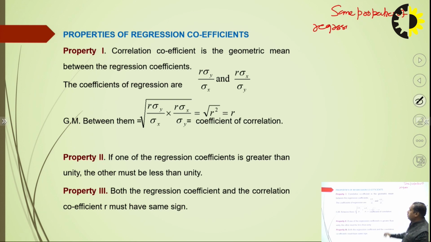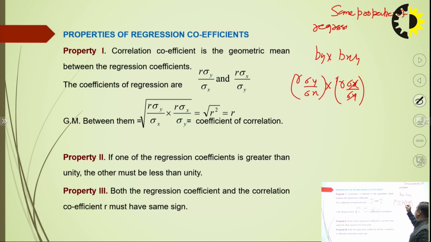Property number one: the correlation coefficient is the geometric mean between the two regression coefficients. The regression coefficients are r sigma y upon sigma x and r sigma x upon sigma y, that is, byx into bxy. Multiplying these gives r square under the root, which becomes r.